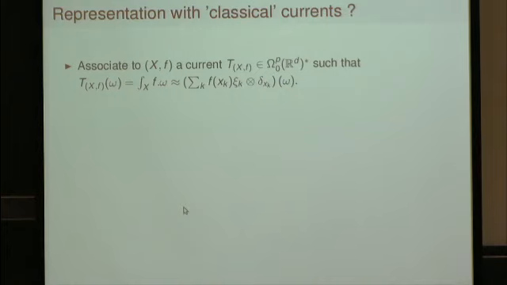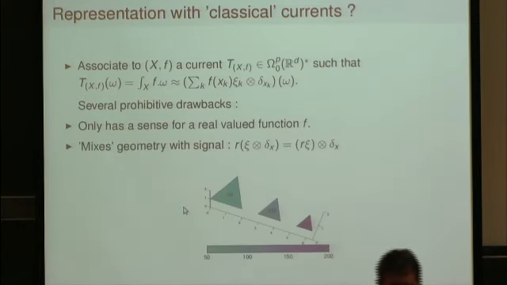If you look at the approximation by punctual current, we recognize the punctual current, but we have a weight here. But there is a drawback in this. The first one is that we can just do this with real-valued signal, so we cannot use it in a real situation.